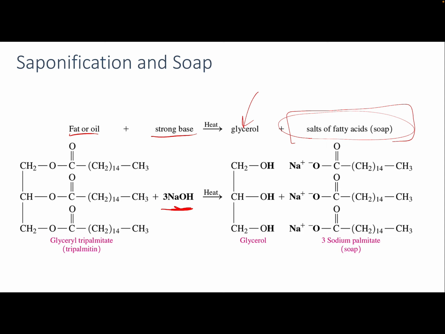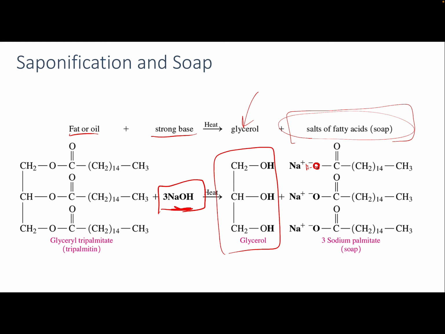It comes from fat sources. You could even use waxes, I suppose. And so here, because it's a strong base, remember we're going to get back our alcohol. So glycerol comes back. But the H doesn't get added back onto the fatty acid. We get the O back, but no H because acids don't live in base. They would get neutralized.